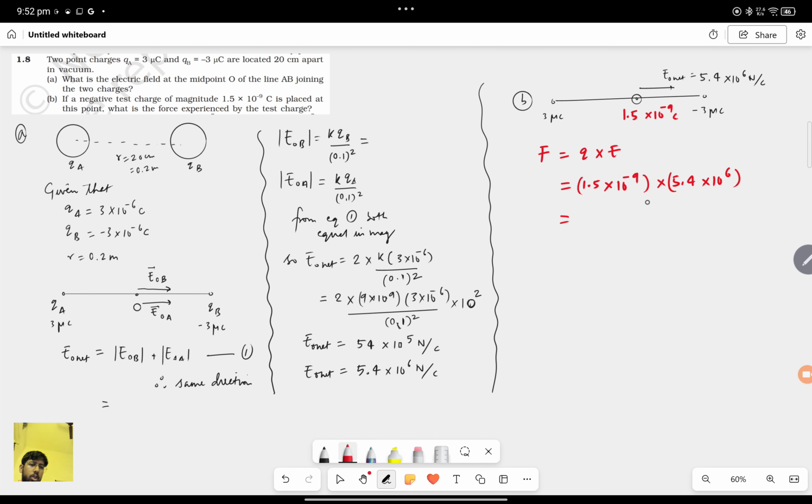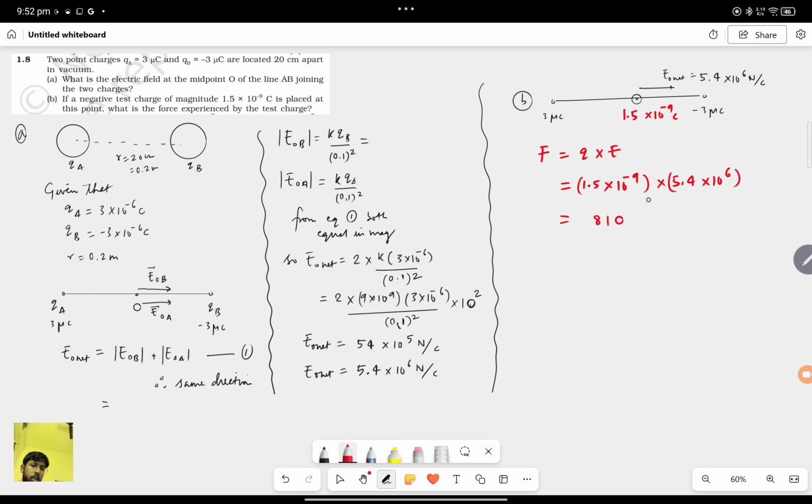So after solving this, we are going to get 15 into 54, 75 and 6 means 81, right?